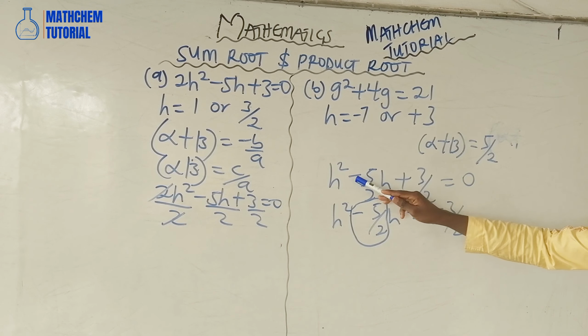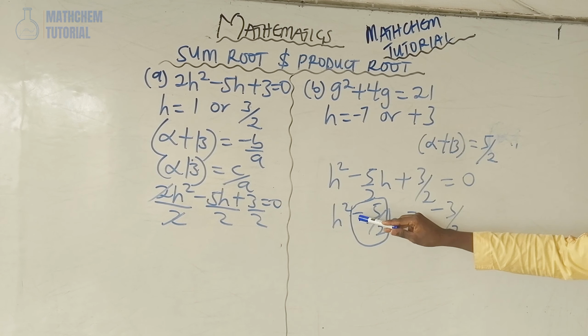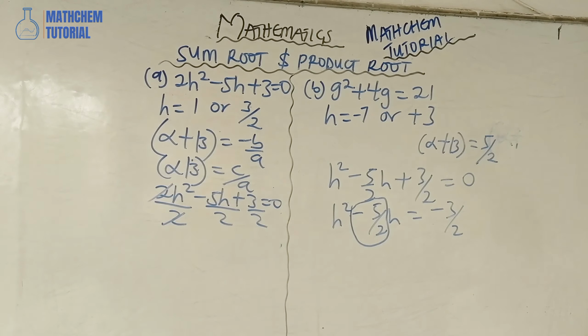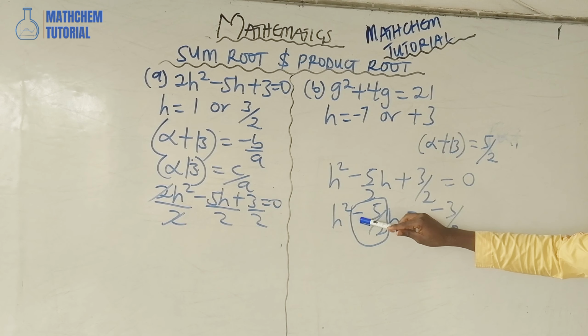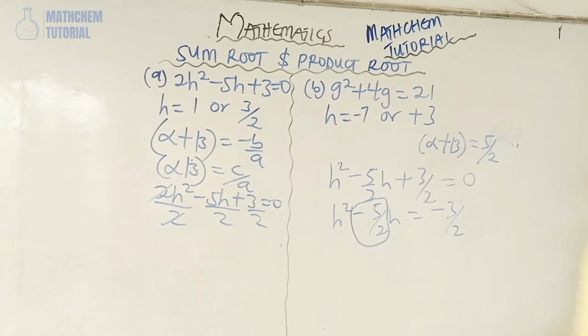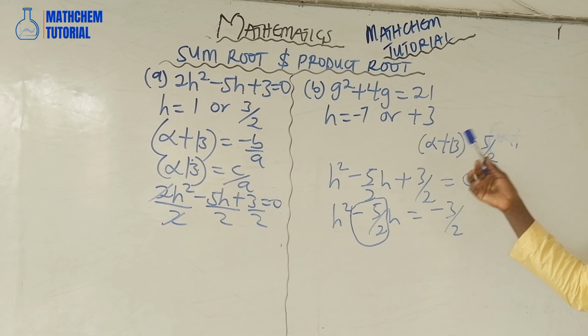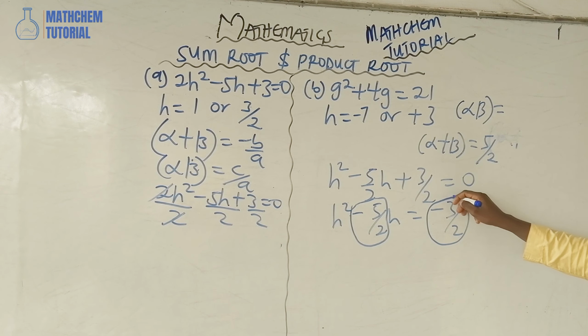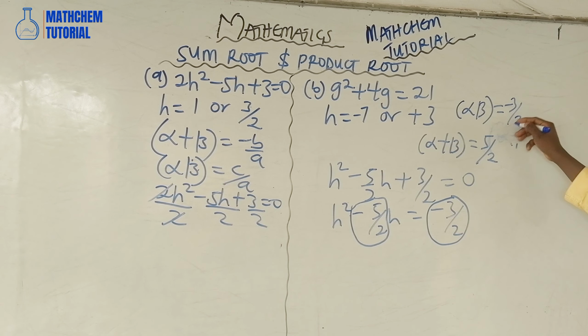Initially, it is supposed to be minus 5 over 2, but you have to multiply this minus times this minus that we have here. In case you have plus here, you will still multiply this plus times this minus we have here. So therefore, your answer might be minus something. Now alpha beta is this value, minus 3 over 2.